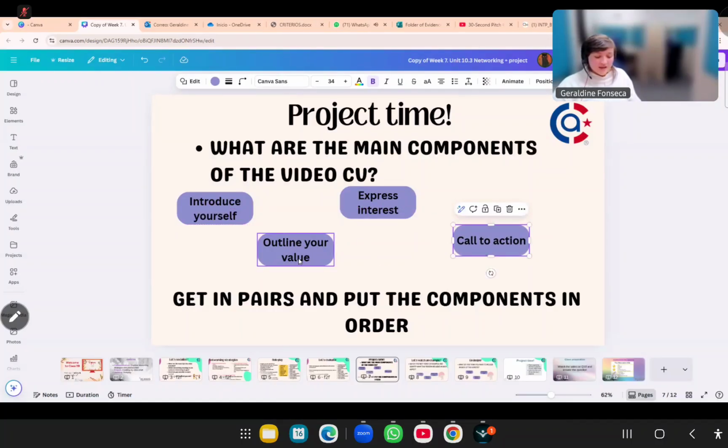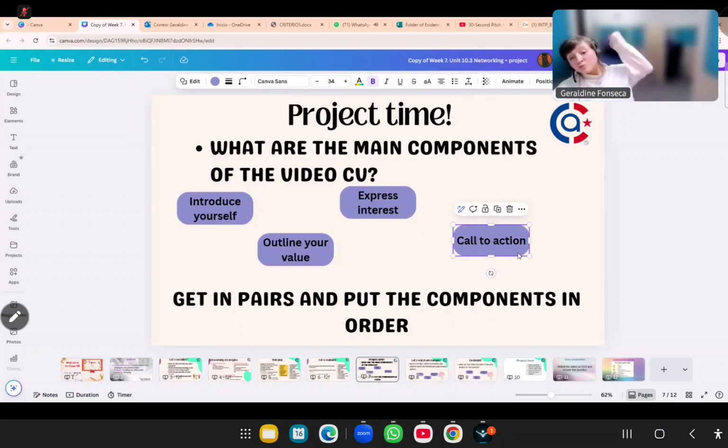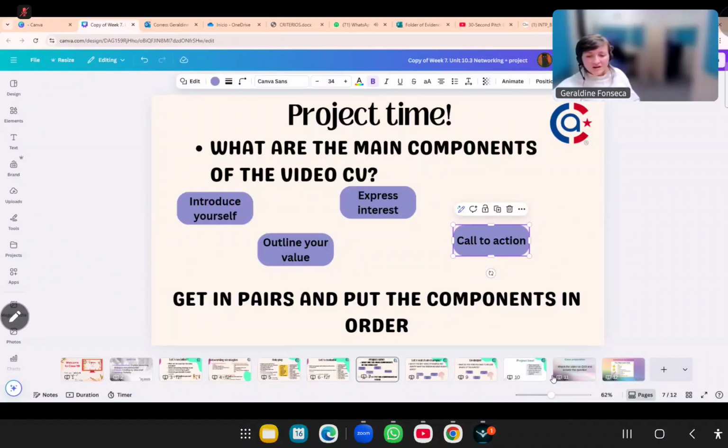Yes, the call to action is going to be mainly, let's say, the moment in which we say yes, or we express that we open an opportunity or not an opportunity, or we leave the gate open for the other person to contact us and to, let's say, start establishing a proper relation in terms of what that person would expect.